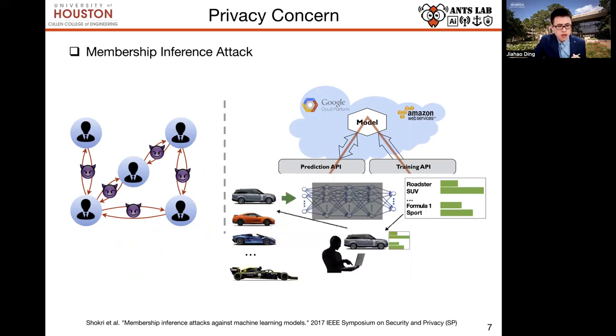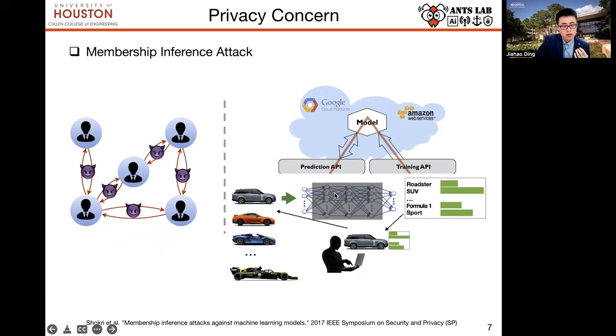The technique used to launch a membership inference attack is based on this one. Here, this is a probability distribution. For example, we have a black box or white box model, and we have a lot of data samples. For example, this model is trying to identify car types, like SUV and sport.